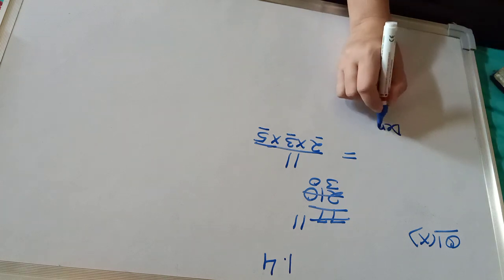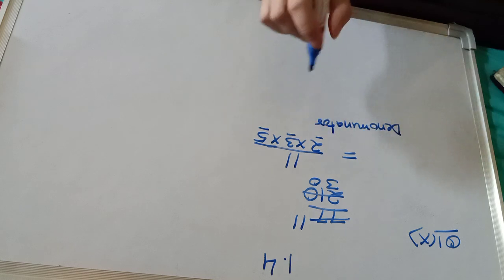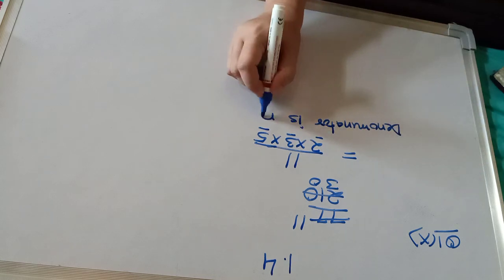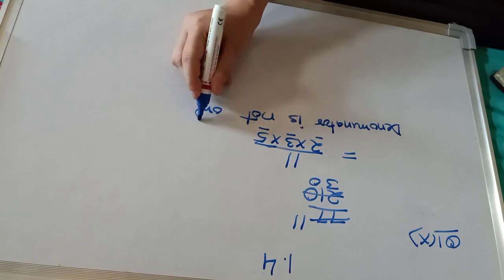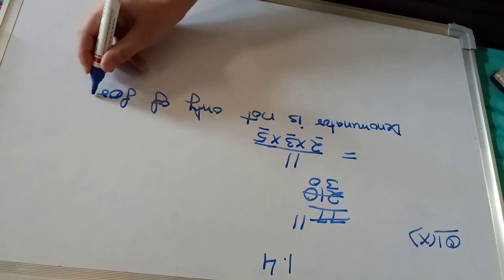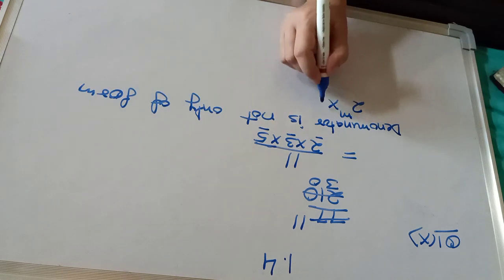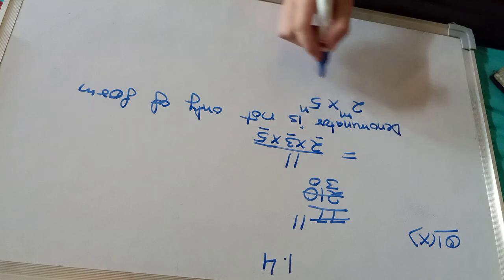So the denominator is not only of the form 2 raised to power m into 5 raised to power n.